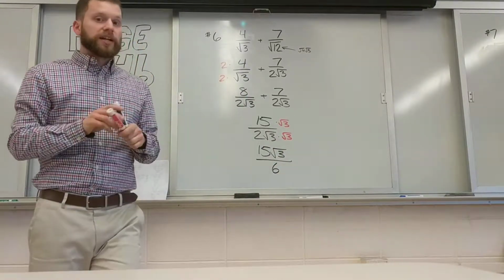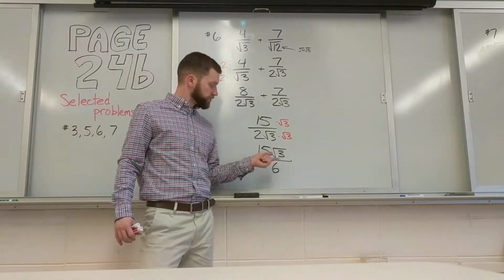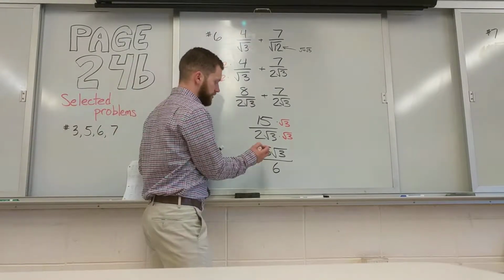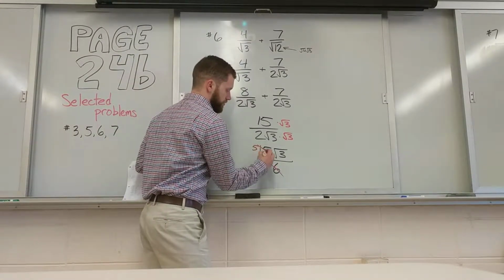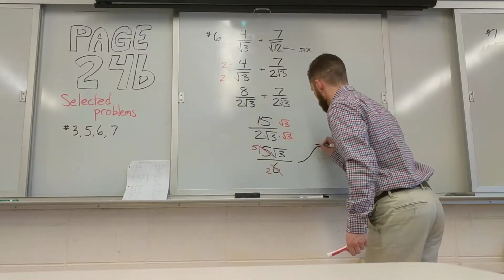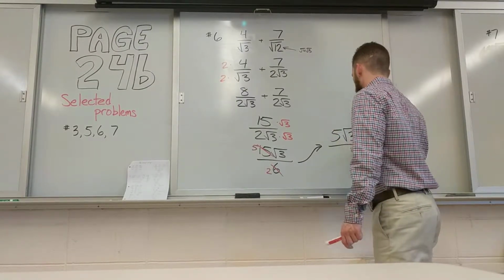Okay? Right here, be careful. We've got to double check. No perfect square factors, good. No radical in the denominator, good. But both of these are divisible by 3. 5 and 2. So we end up with the final answer of 5 root 3 over 2.